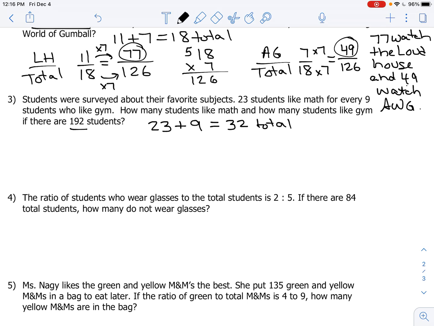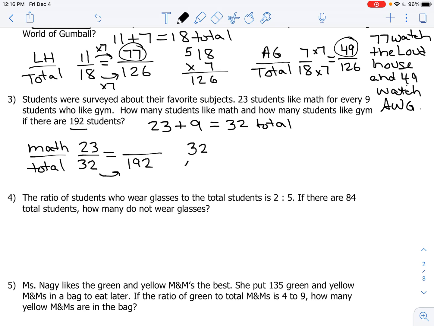That's our total. So when we set up our separate ratios, the total will be on the bottom. We'll do math to total. And there are 23 who like math out of 32 total students. And again, 192 total students, that's going to match up in the denominator. We want to know 32 times what is 192?